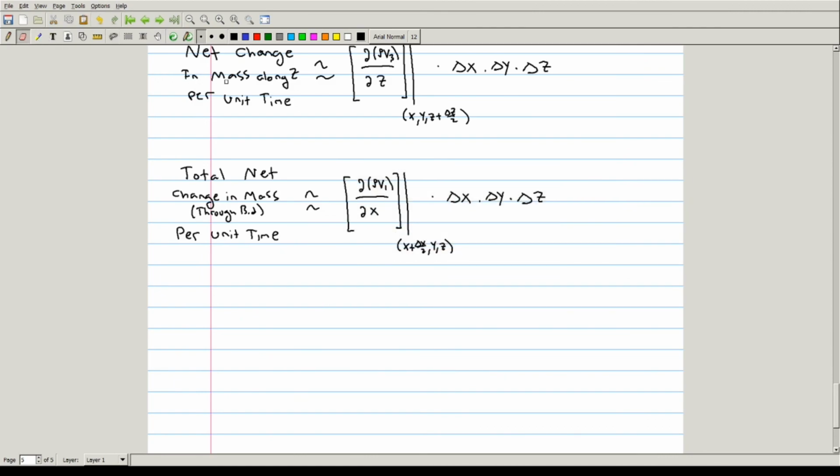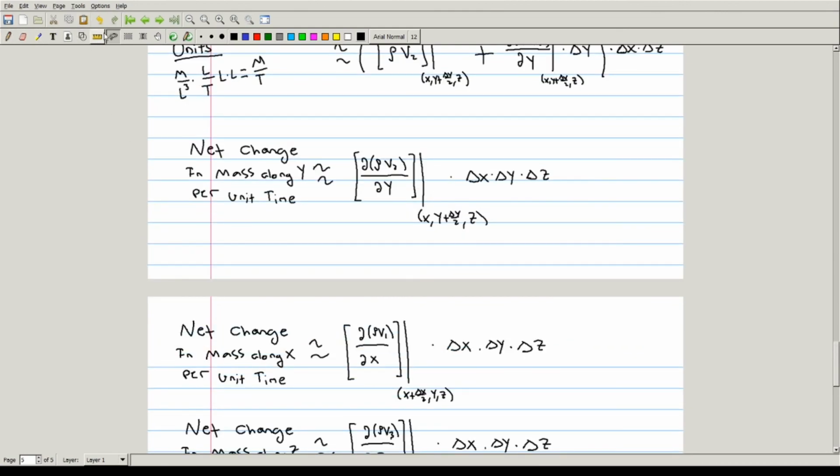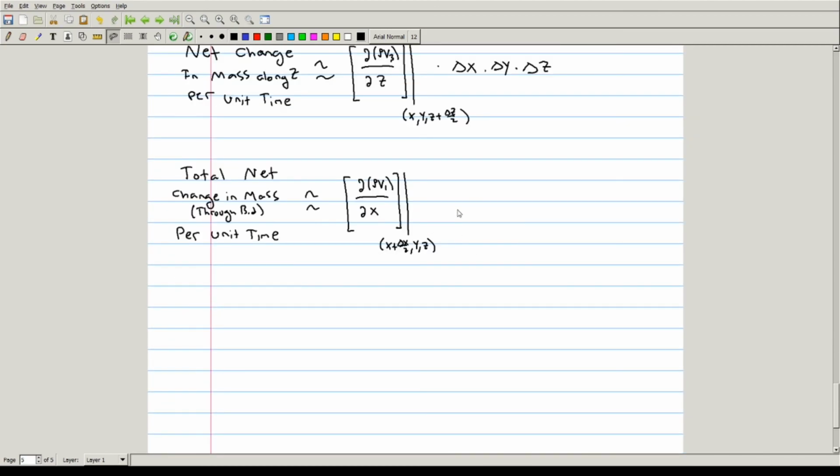And we do have a little bit of a simplification because each one of these has a delta x, delta y, delta z in it. We can just add all these up and bring the delta x, delta y, delta z over and factor it out. The net change in mass through the boundary of this rectangular prism is going to be the x partial derivative of rho v1 plus the y partial derivative of rho v2 on that back face.